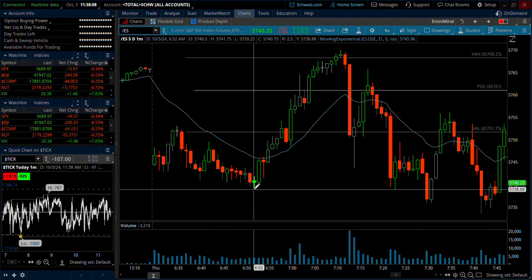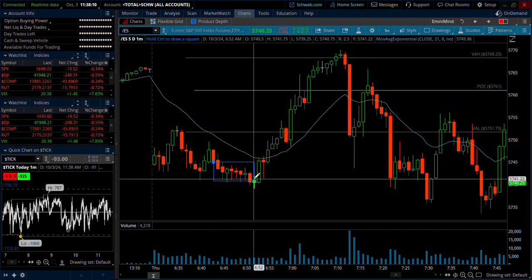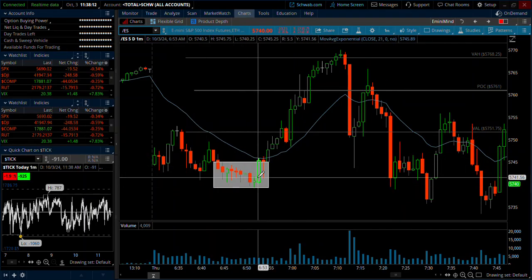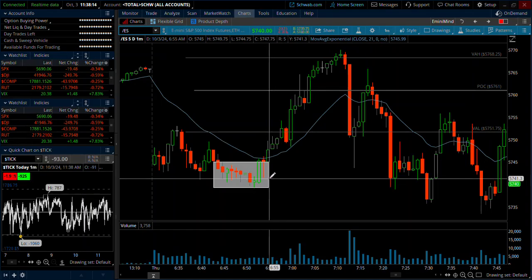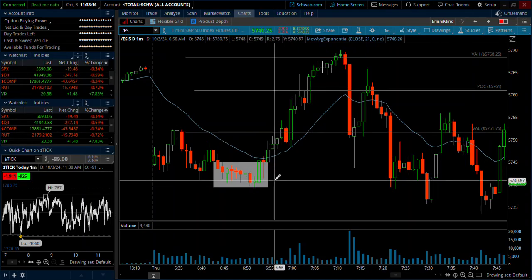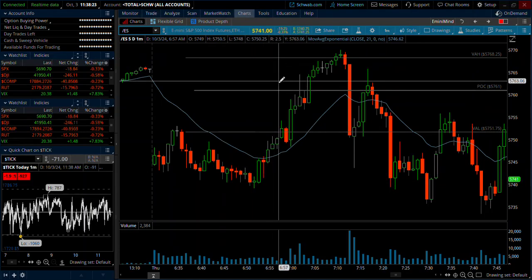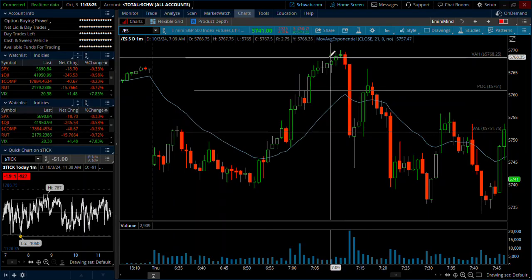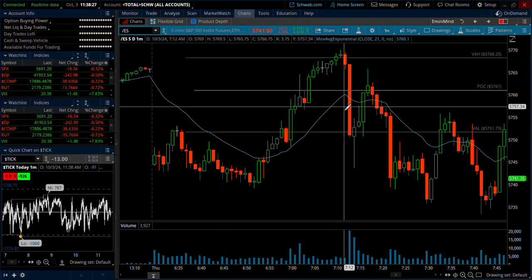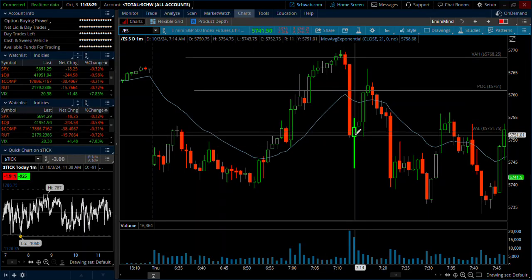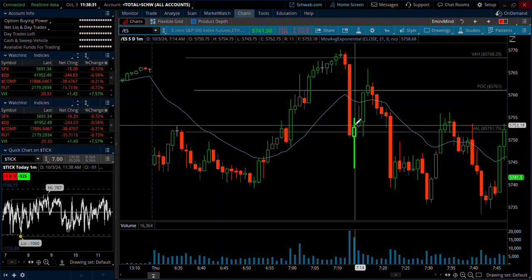So, even stuff like this, where you're just moving sideways, not really going anywhere, and it's not a very big range. If the range is big enough, even like in the value area case, selling at the top of the range and buying at the bottom of the range, you have room to bounce.